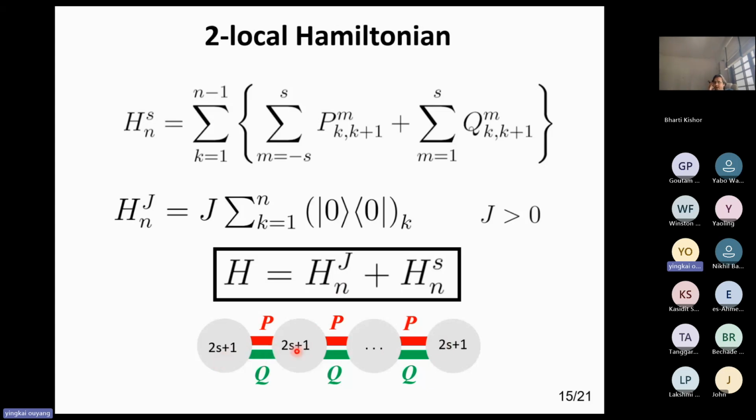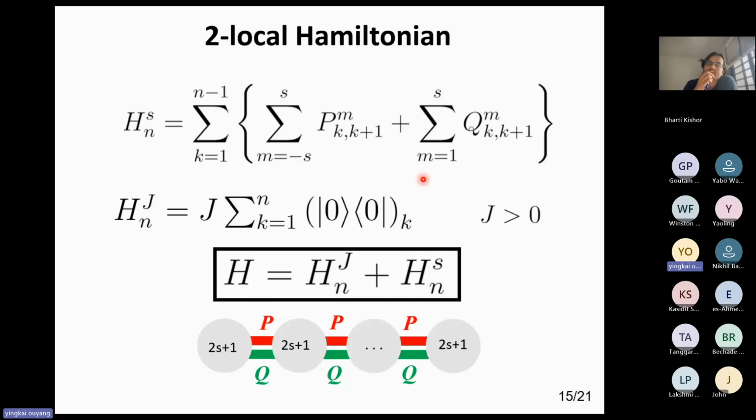Of course, for spin s, the degree of freedom is 2s plus 1. And let us consider s to be at least equal to 1, so you are using qudits of dimension at least 3.